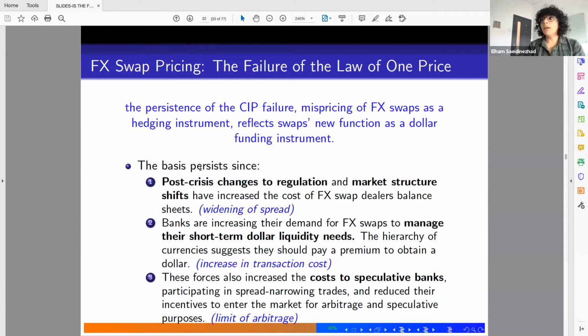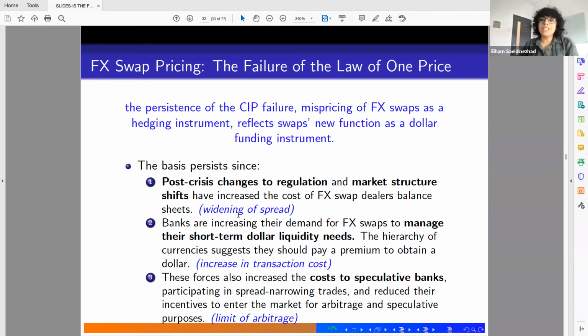We are going to talk about why this basis is going to persist, but in a nutshell, the market structures are changing, and we have already introduced four of these important market structures. We are going to go through these different market structures, and we will see that they are basically leading to a higher dealer spread. And again, the widening of this spread consequently means that the CIP violation is going to increase as well.